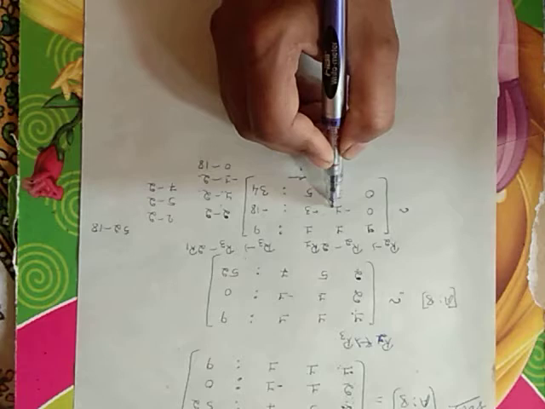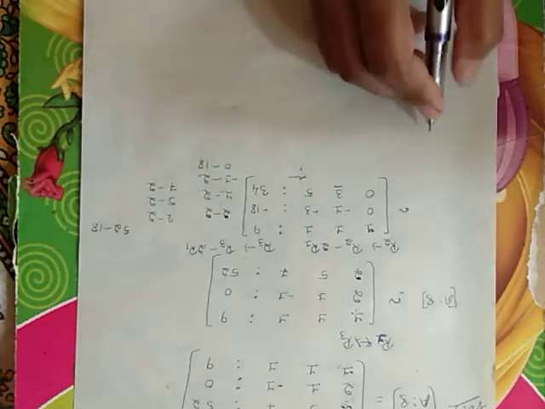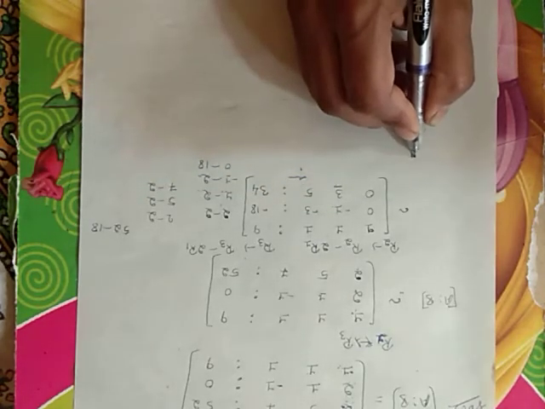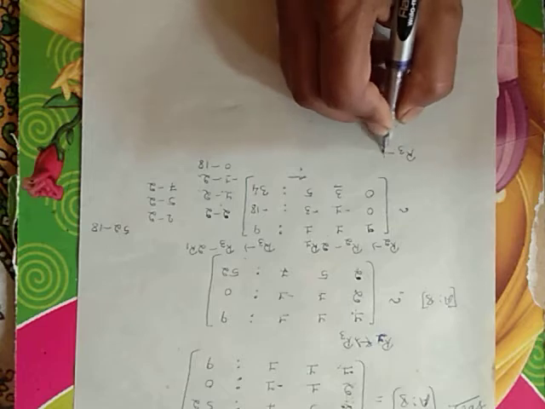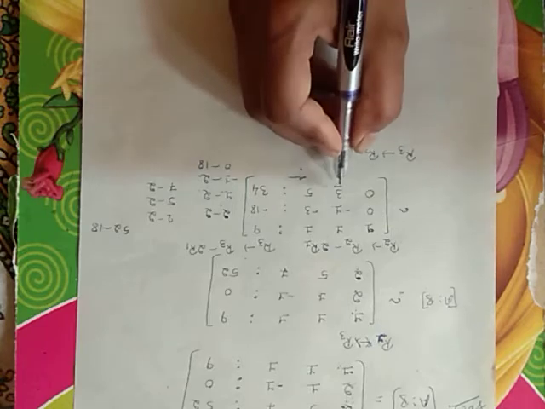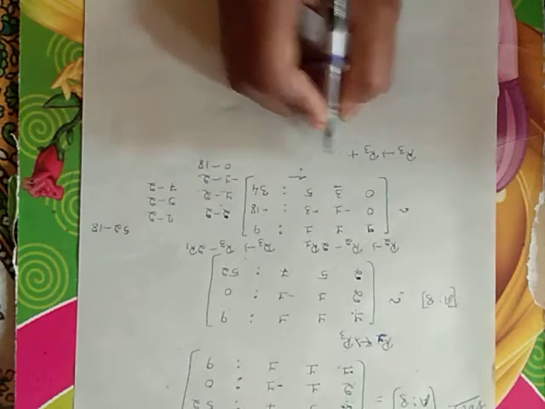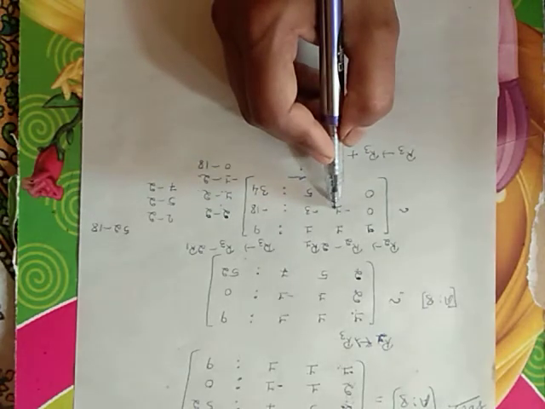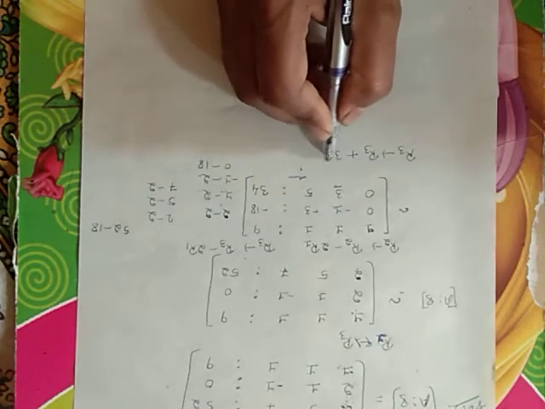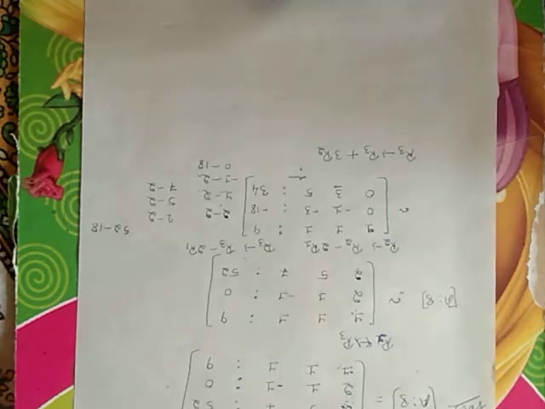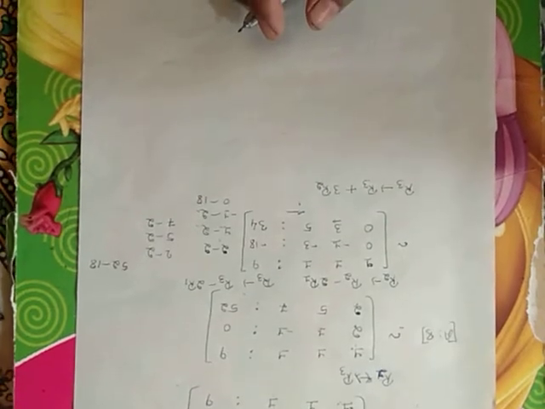So the next procedure is using this element to make this term 0. The transformation applied is R3 tends to R3. Here it is 3, here it is minus 1. So to convert this term to 0, multiply by 3 and add: R3 plus 3 into R2.